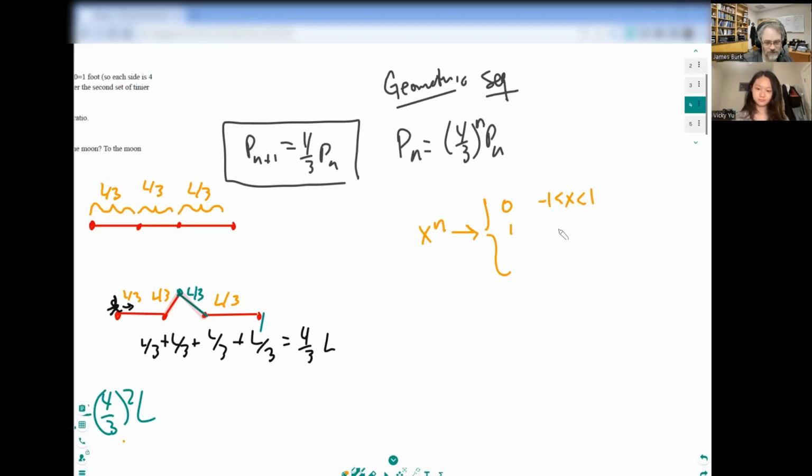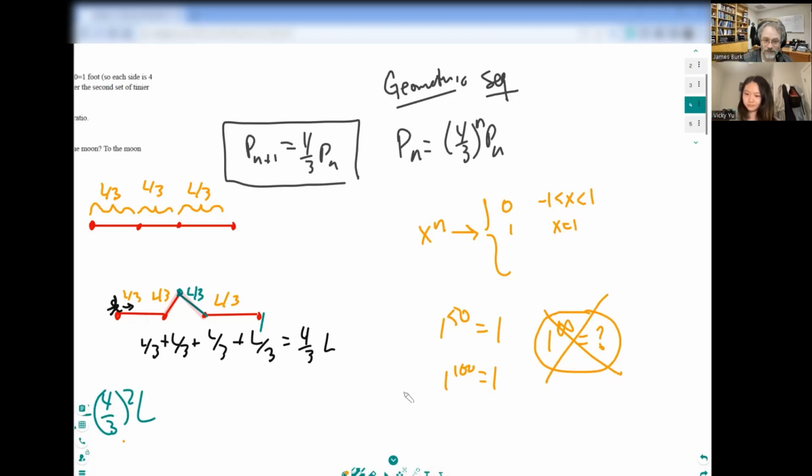If X is 1, you might get 1, but it does get a little bit fuzzy here because 1 to the 50th is 1. 1 to the 100th is 1. 1 to the infinity, who knows what happens? You actually broke it here. And once again, this is where your finite understanding falls apart when you start looking at the infinite complexities associated with infinity. This is something that we study very intensely in calculus. This might be 1. It might be 3. Who knows? Time will tell. So, yes, use it with caution.